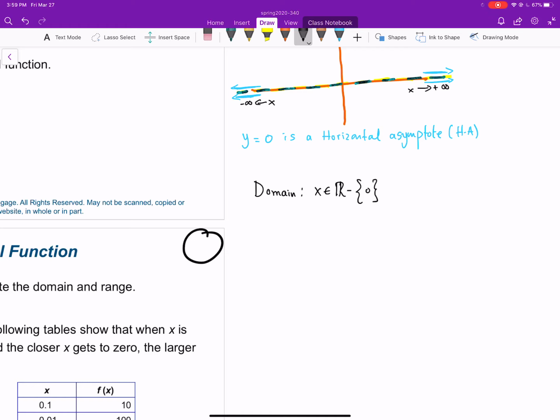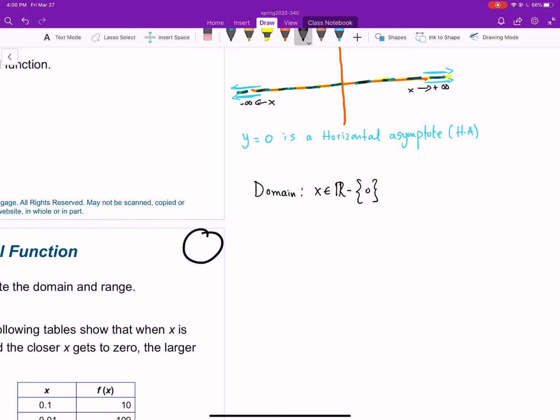Now, let's really look at what's going on here. This is just saying that if you look at all the x values that satisfy this rational expression, everything is good except 0.